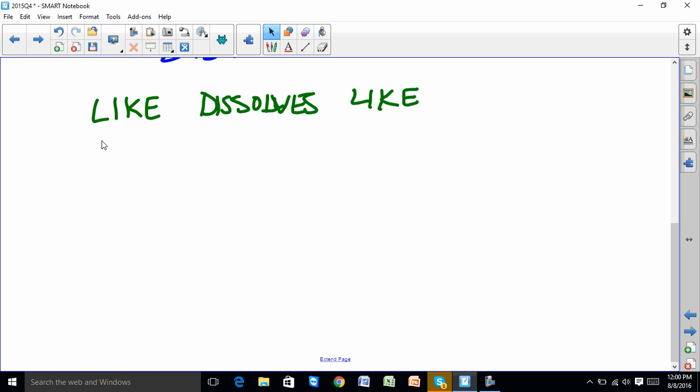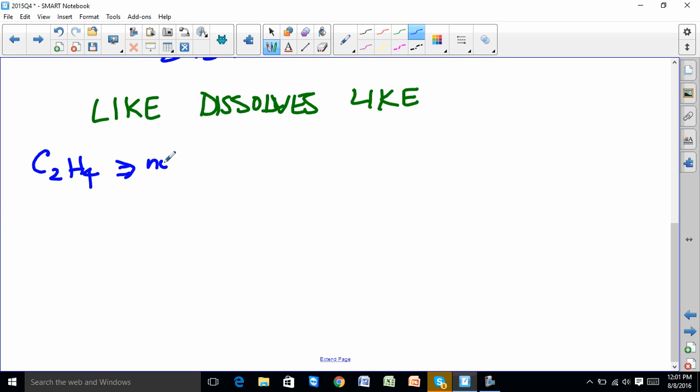So let's talk about first C2H4. It is nonpolar. H2O is polar, and this is a dipole.